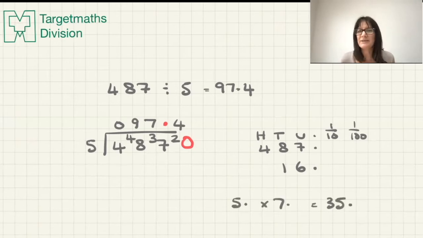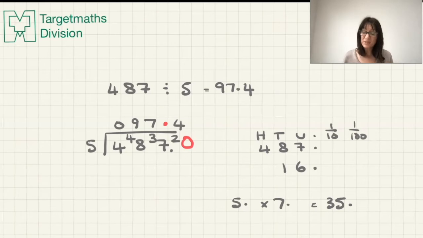Why would we do that? Well, we don't. But there is an invisible point that we sometimes forget is there. So that's why when we got to this stage here, we were able to put a point up, okay? Because there really is a decimal point in the question, we just couldn't see it.